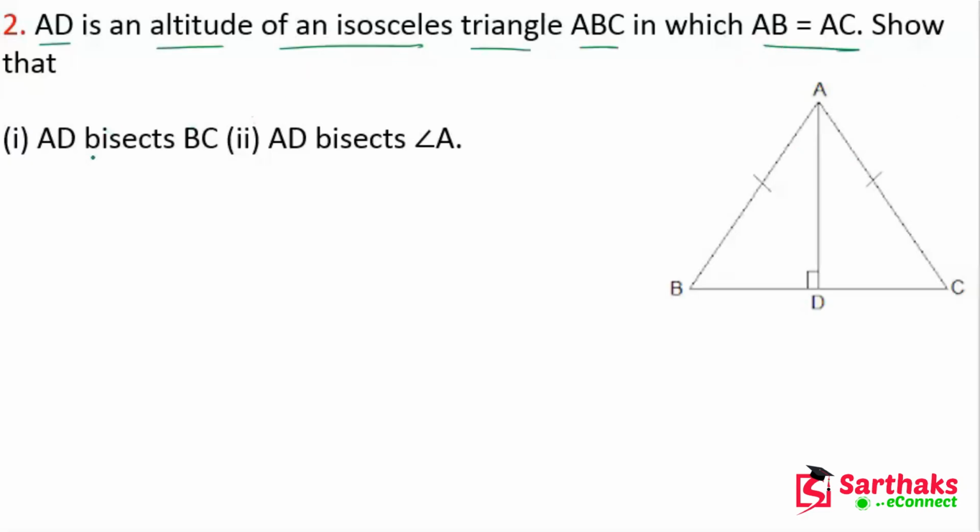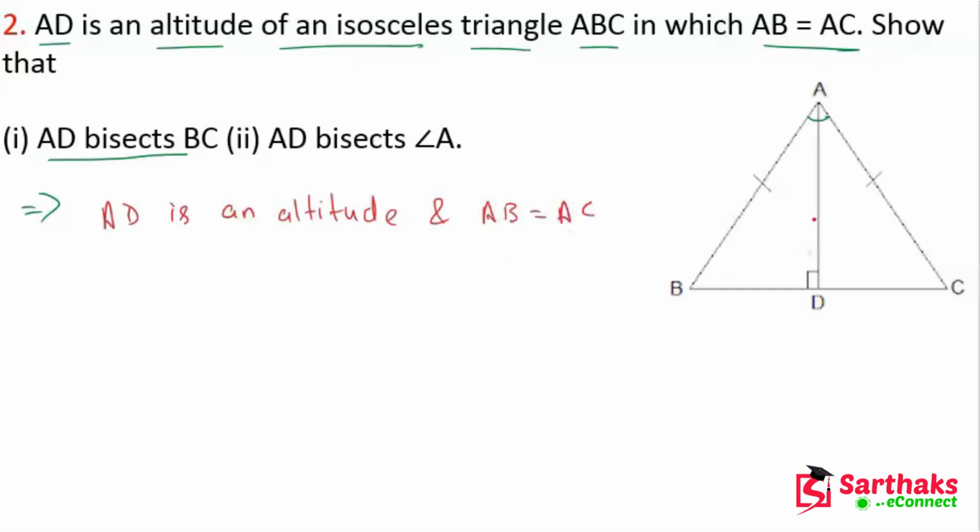Now show that AD bisects BC and AD bisects angle A. It is given that AD is an altitude and AB is equal to AC.